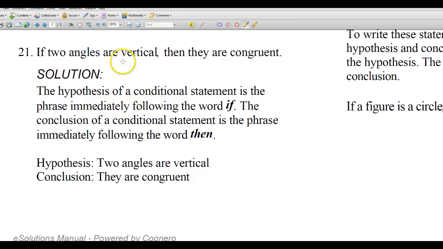Number 21, if two angles are vertical, then they are congruent. So, hypothesis follows the word if, so two angles are vertical. Conclusion follows the word then, so they are congruent.